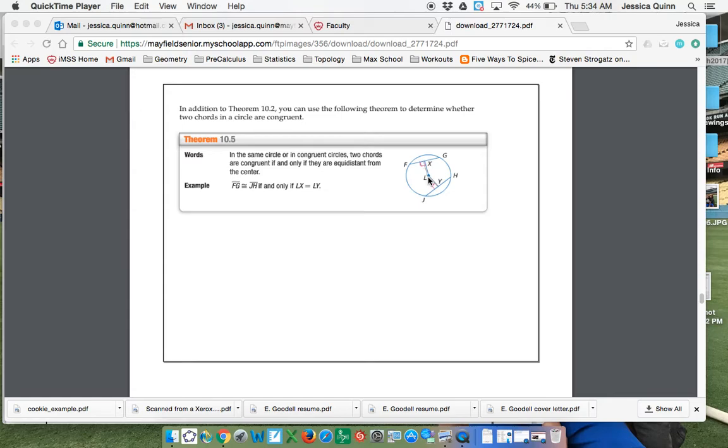And if you remember back from really early on in the year, when we talked about the distance between a point and a line, it's always the perpendicular distance. So when you see something that looks like this, we're talking about the length of segment LX is how far this chord is from the center of the circle.